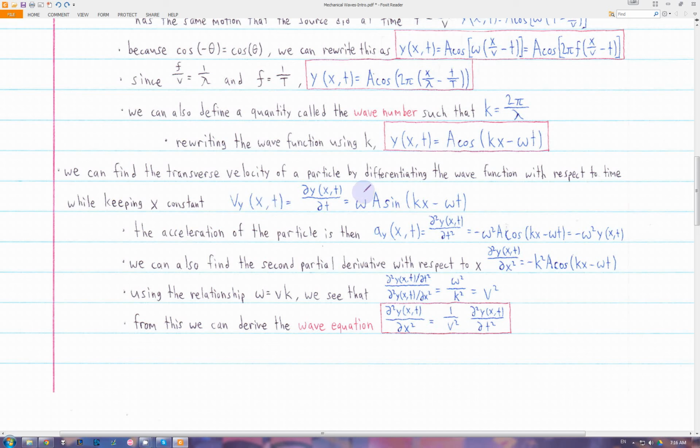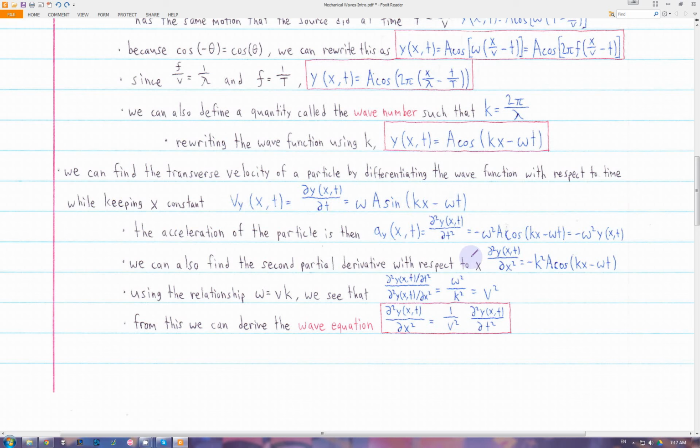Now this is what's called the transverse velocity of the particle. It's how fast the particle, each individual particle, is moving up and down around its equilibrium position, not the speed of the wave as a whole. Now we can also find the acceleration of each of these particles moving up and down by just differentiating this velocity expression again with respect to t, while keeping x constant.